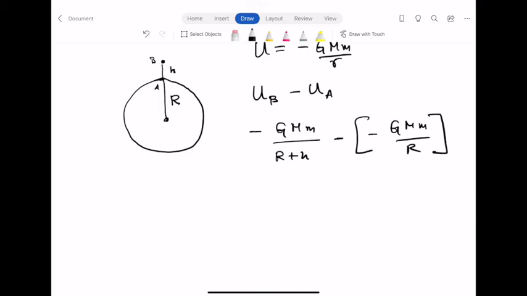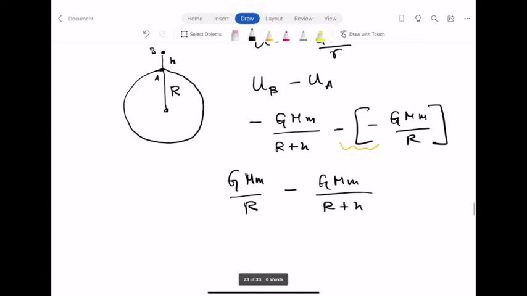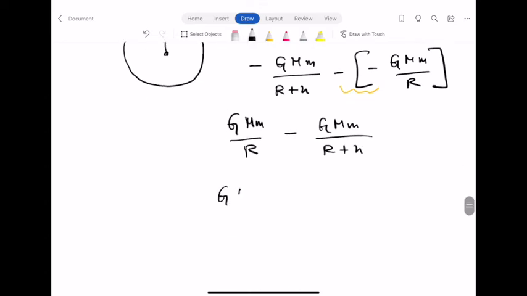Let's simplify this. So this is GMm over r. What I did was these two minuses made a plus, so I put that out front, and the other term is minus GMm over r plus h. All right, let's simplify that. So GMm, factor that out, 1 over r minus 1 over r plus h.